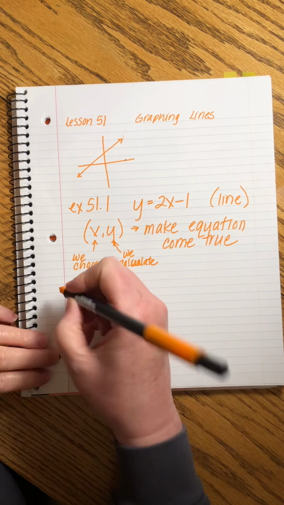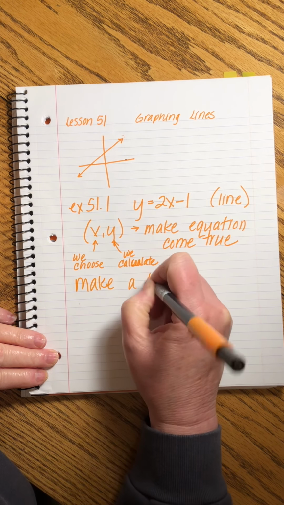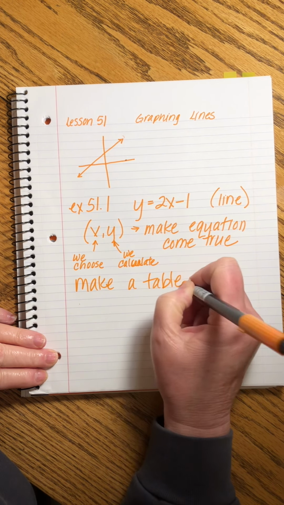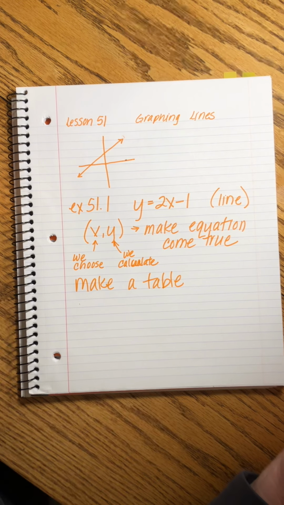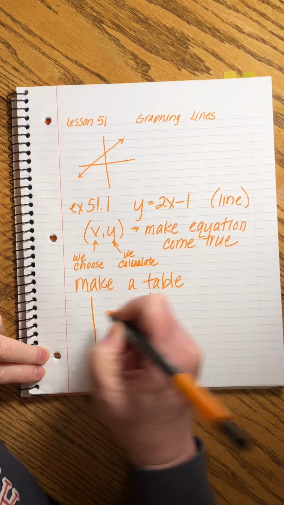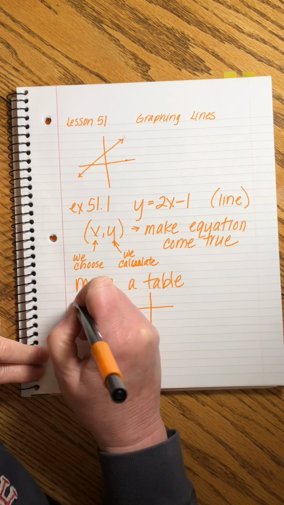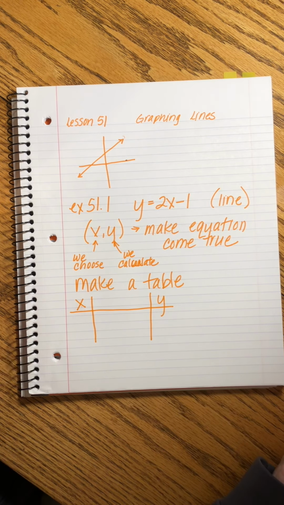So the first thing we do is make a table. Now, John makes his tables a little differently than mine. I'll show you his in just a few minutes. I do mine the way that I do mine for several good reasons, so I highly recommend it. For my tables, we write x on the left side and y on the right side.